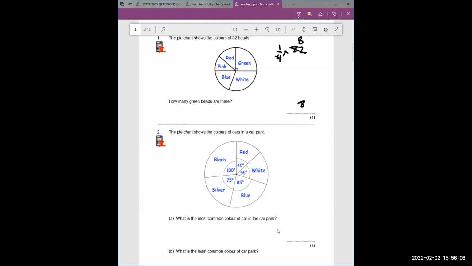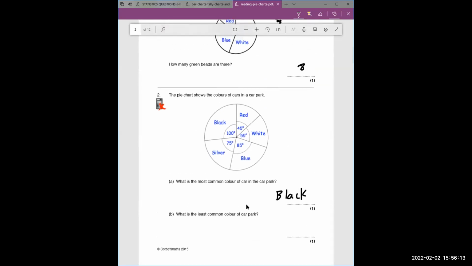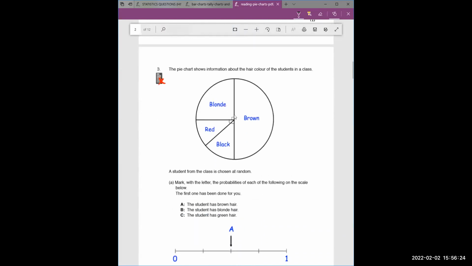Most common color. Very good. The black. All right, red. Good, good. 45 degrees. All right. Here's another one.